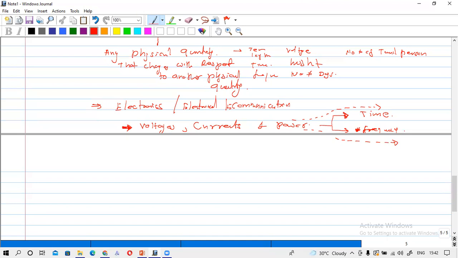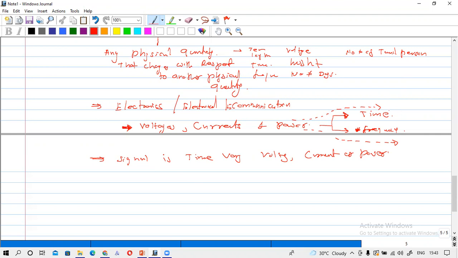So anyway, I'm trying to tell you that in electronics, electrical, and communication stuff, a signal is nothing but a time varying voltage, current, or power. So this is a signal.